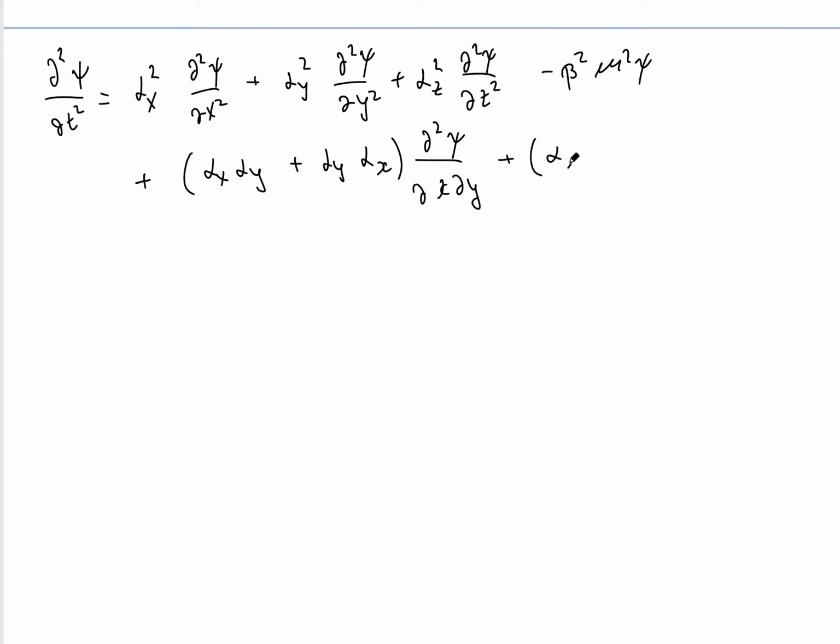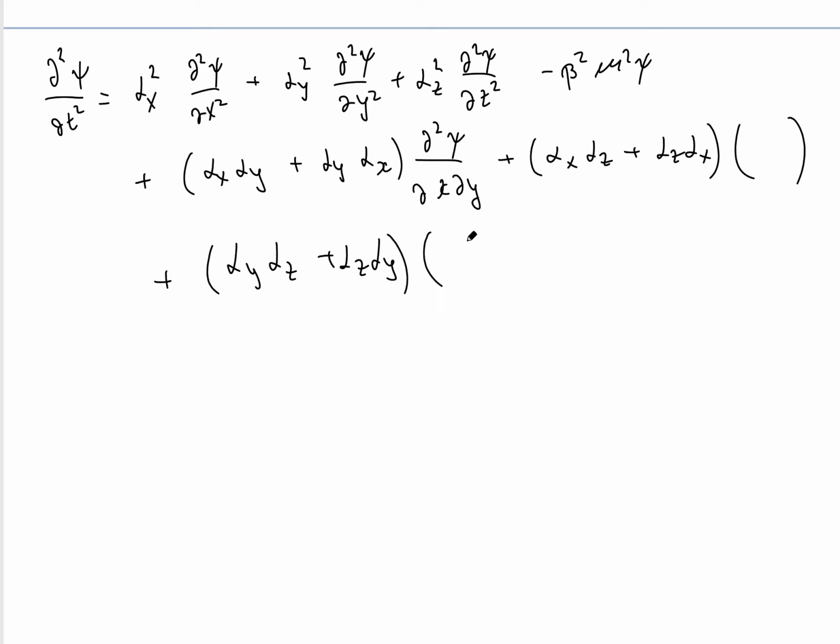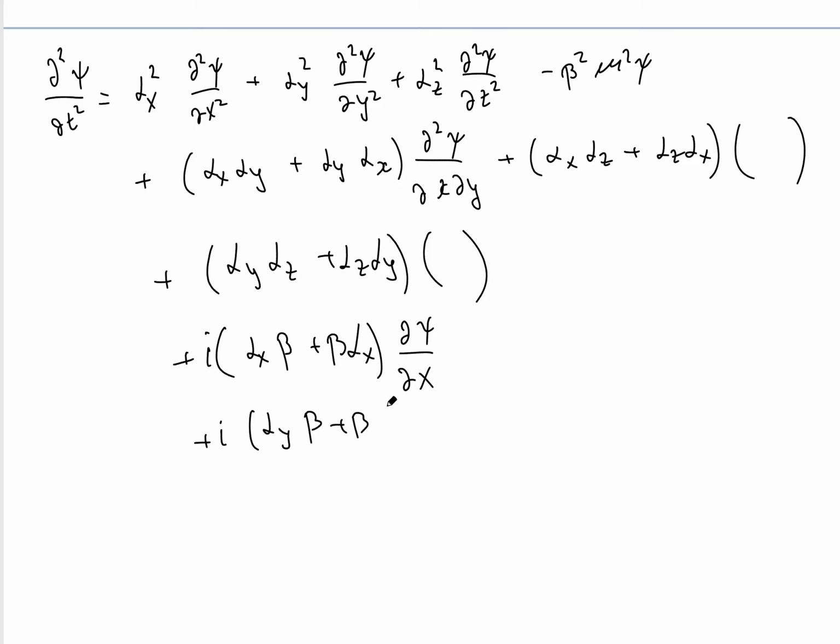Then you have alpha x alpha z plus alpha z alpha x with the same form, and alpha y alpha z plus alpha z alpha y with the same form, plus some terms like i alpha x beta plus beta alpha x partial of psi partial of x, plus i alpha y beta plus beta alpha y partial of psi partial of y.